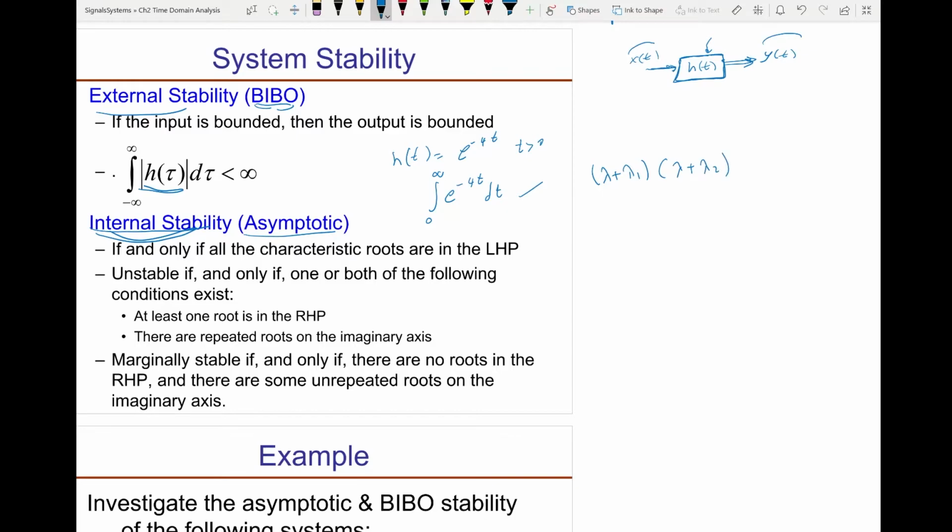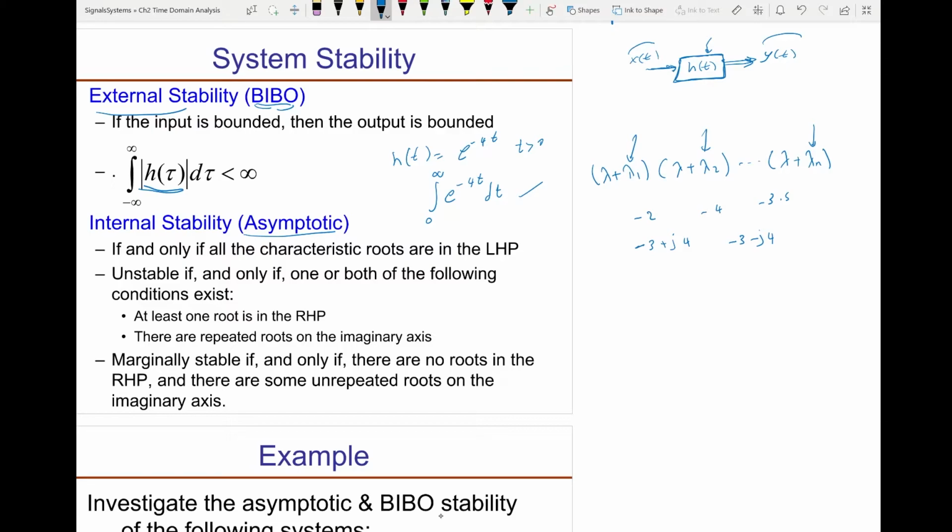Now the characteristic roots could be real, like -2, -4, -3.5, or they could be complex, like -3 plus j4. And we said if it's complex, then you will have the conjugate also a characteristic root.